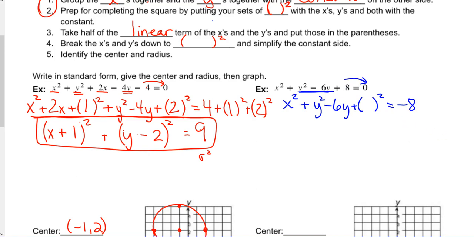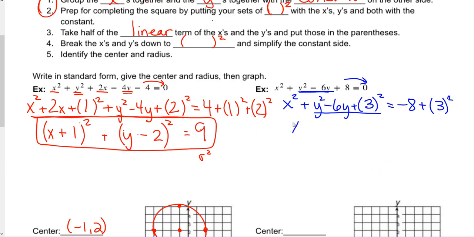And so we are going to do our quantity squared on this side as well. This has to match over there. Over here we had 2 of them, so that's why I had to have 2 here. This time I'm only going to complete the square on my y. By taking half of the linear term, which is 3, that has to go on both sides.